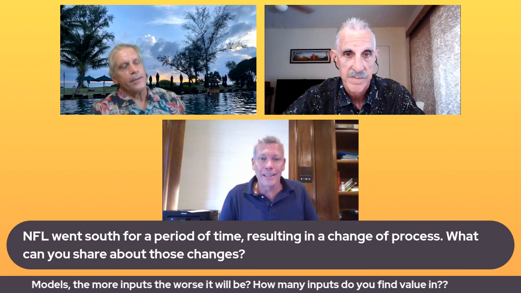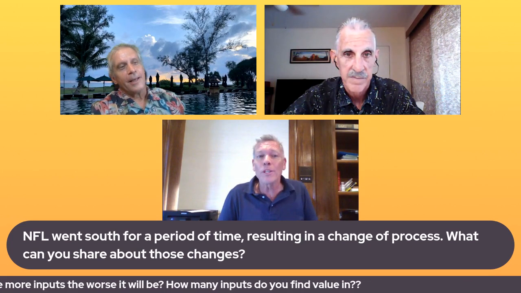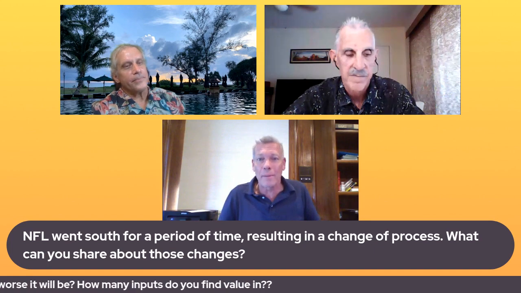Then you'll get an idea of how good your model is. But everyone's model, if they're using a regression to find a model, is going to be backtested great because the data they use to create the model, they're testing on that same data. So of course it's going to be good. Like I got a model and it's 62% against the spread when the difference is 3 points or more. I'm like, yeah, but of course it is, because the data you're testing on is data you used to create the model. So of course it's going to correlate.